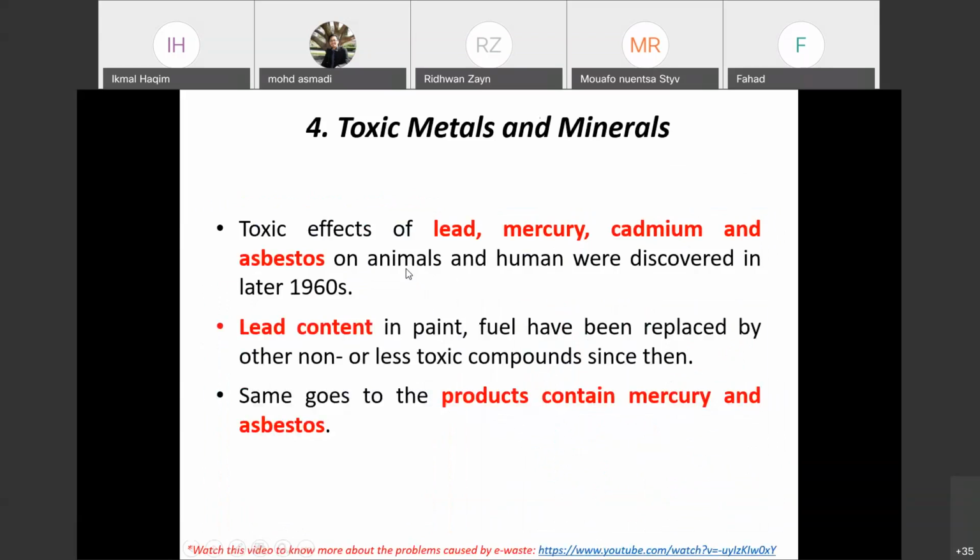So the last one is toxic metals, such as lead, mercury, cadmium, and asbestos, which was discovered in 1960.